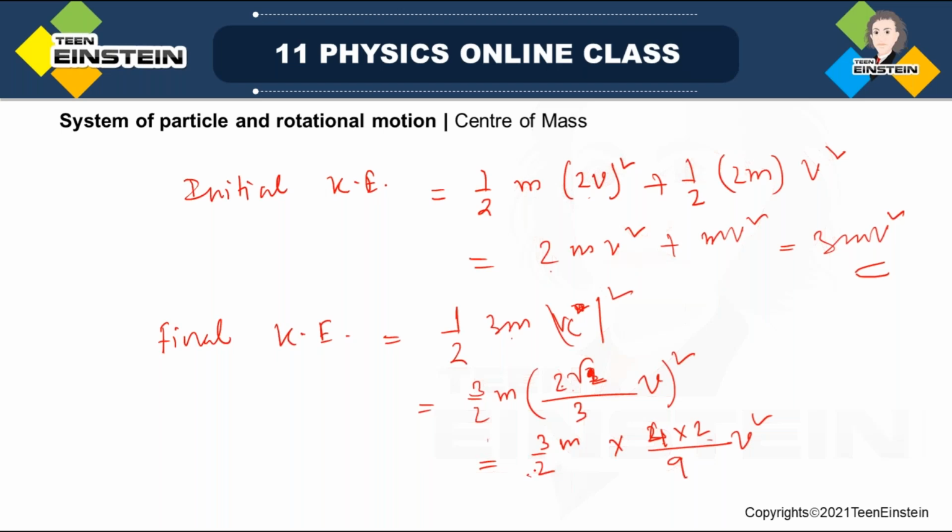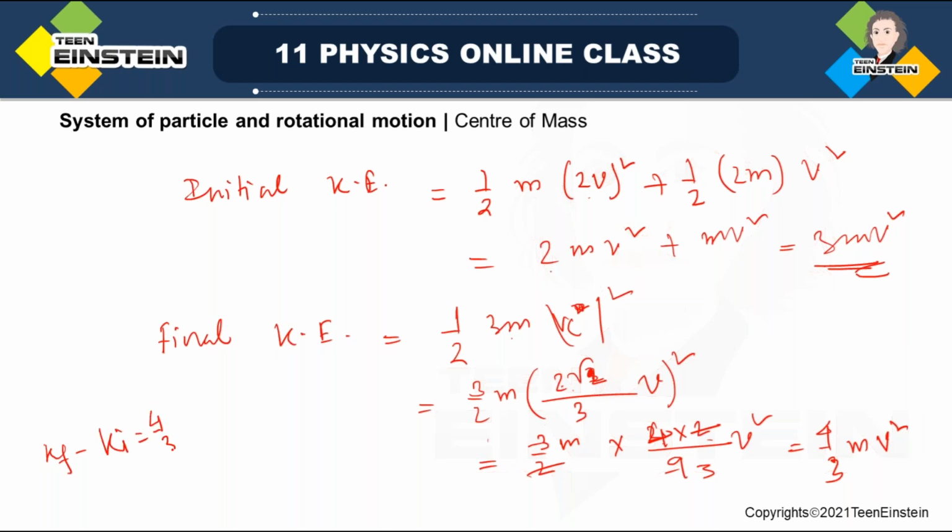Okay, let me just check what is there. Yes. So the 2 goes up and this is 3, so 4 by 3 mv square. Earlier what was there? 3mv square. So the loss in kinetic energy will be final minus initial.